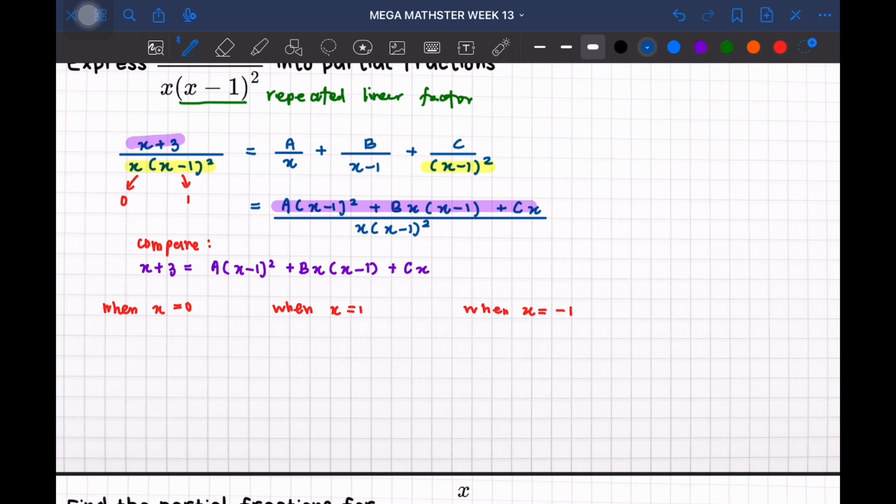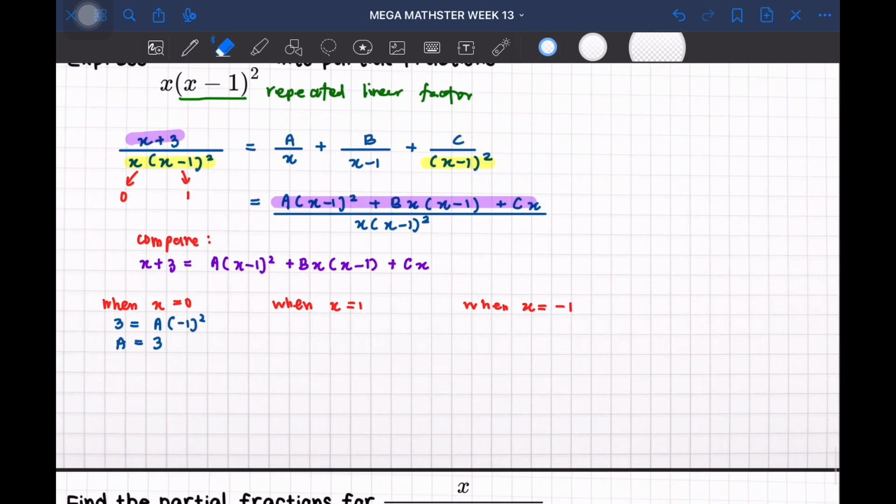Okay, so let's substitute. So the first value, when x is equal to 0, means that this will become 0, this will become 0 as well. So this whole thing is 0, this whole thing is 0. So we have the first on the left hand side over here is 0 plus 3, and then we have A times negative 1 square. Negative 1 square is just 1, so that will make your A equal to 3.